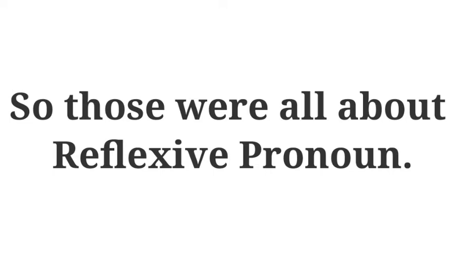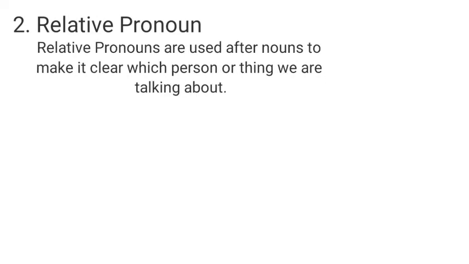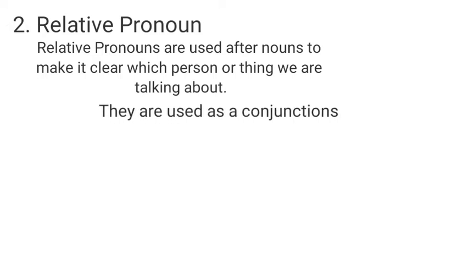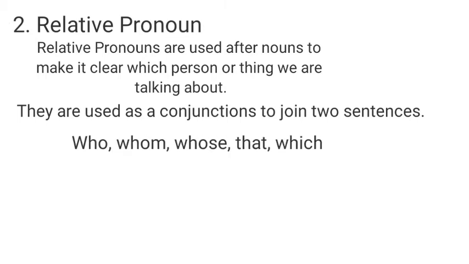So now let's come to our next kind, and that is relative pronoun. Relative pronouns are used after nouns to make it clear which person or thing we are talking about. In simple sense, they are used as conjunctions to join two sentences. The most commonly used relative pronouns are who, whom, whose, that, and which.